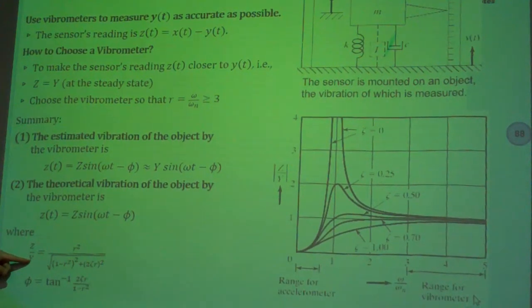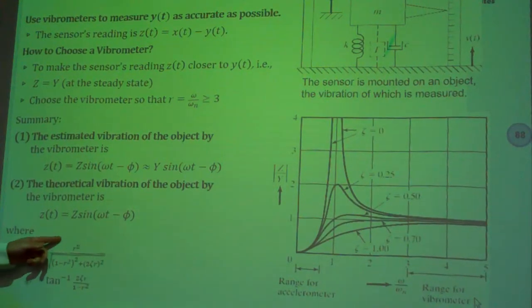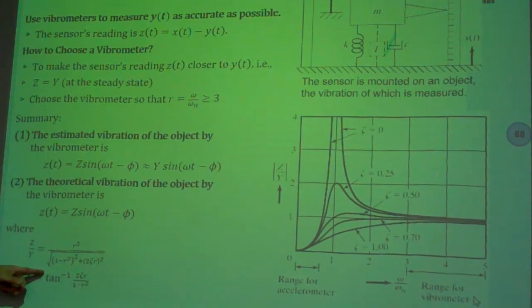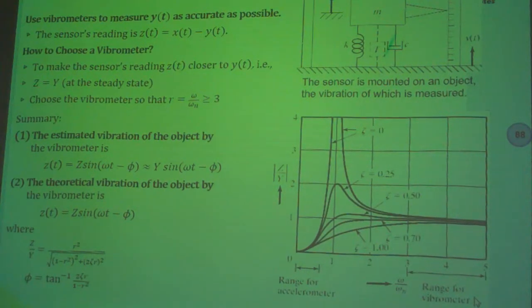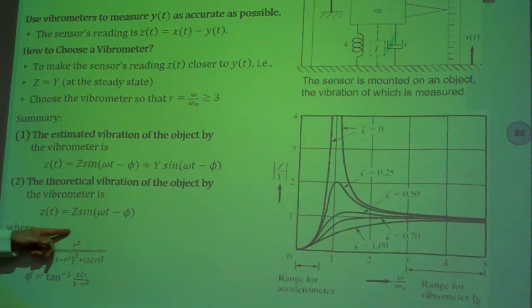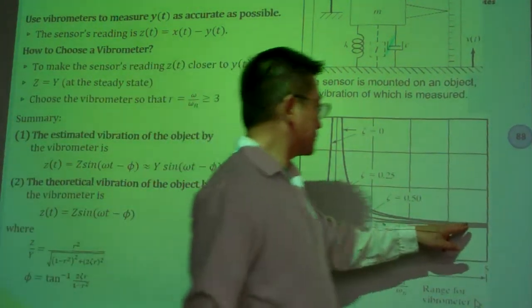In other words, a good vibrometer is such that this whole number equals 1 in theory. Right? Okay, and look at this one, under which conditions does this ratio equal 1? We'll look at this curve.